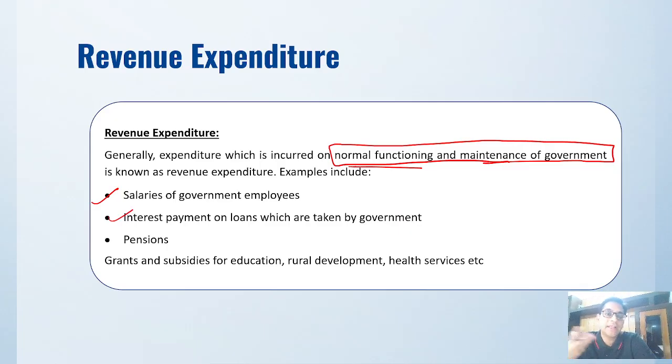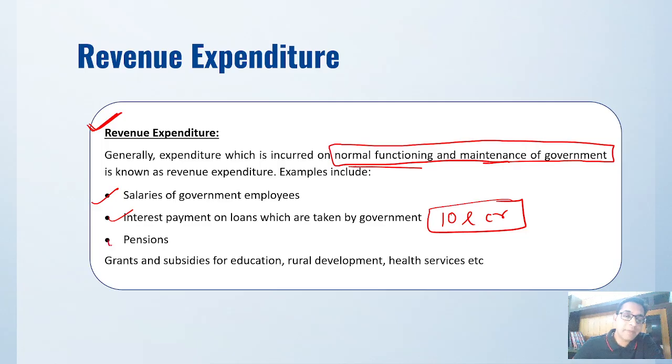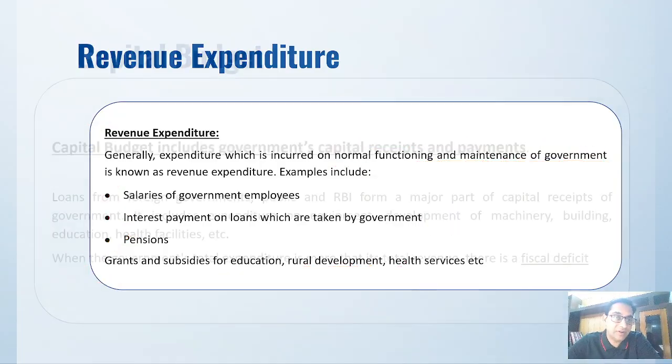So government of India also has to pay interest. 10 lakh crore last year's budget, 10 lakh crore money the government has to pay from the revenue expenditure side. Government has to pay pension to government employees from the revenues. Government has to provide subsidy, education, rural development program, health service program from the revenue that they have generated.